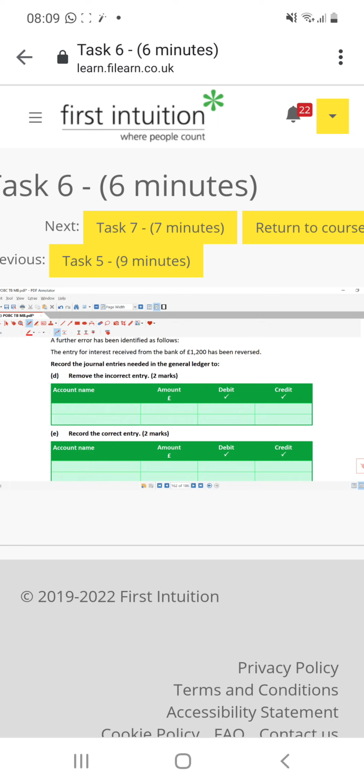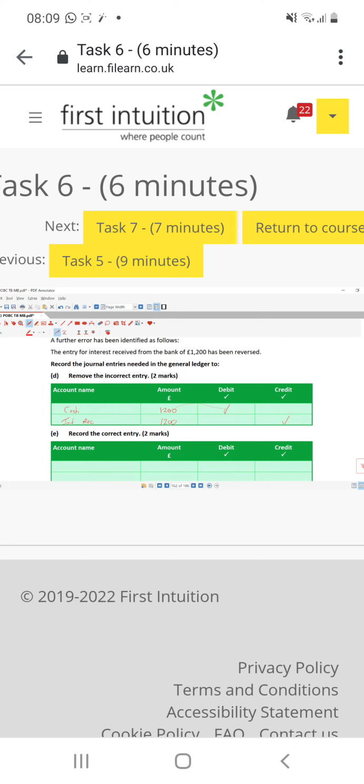So for this here, if it's interest received, in order to do that, we will go cash 1,200, and debit. But then as well, for the interest received for 1,200, we will credit that interest received account.